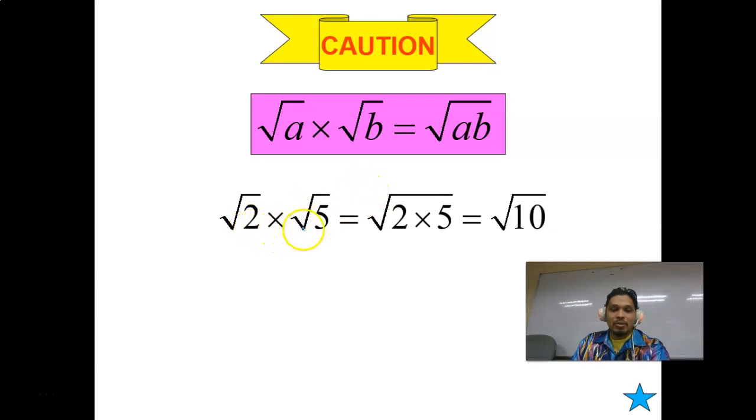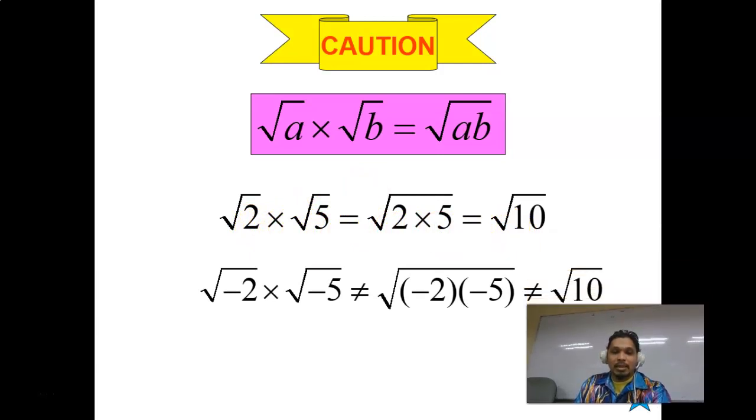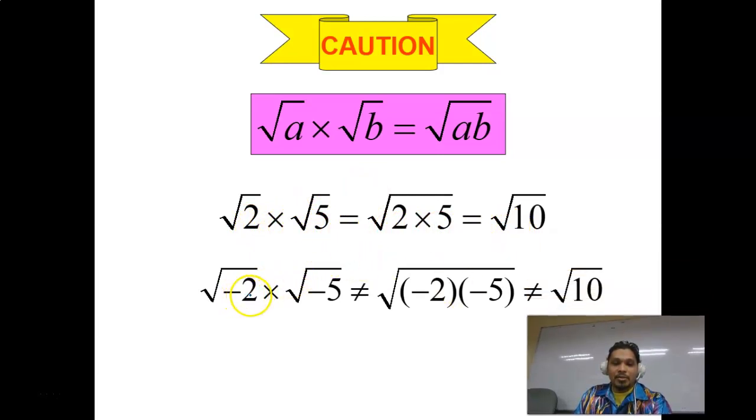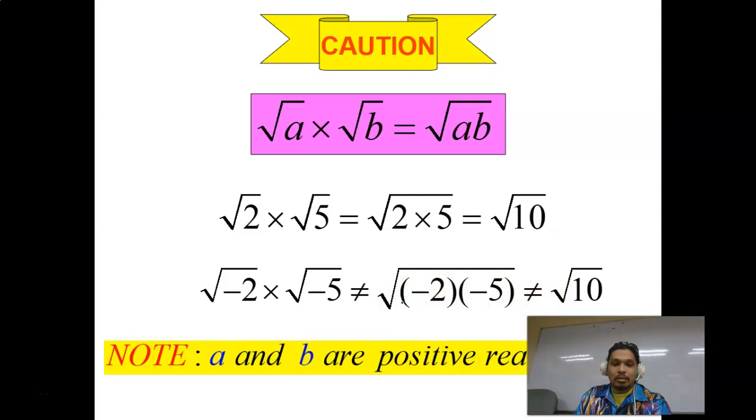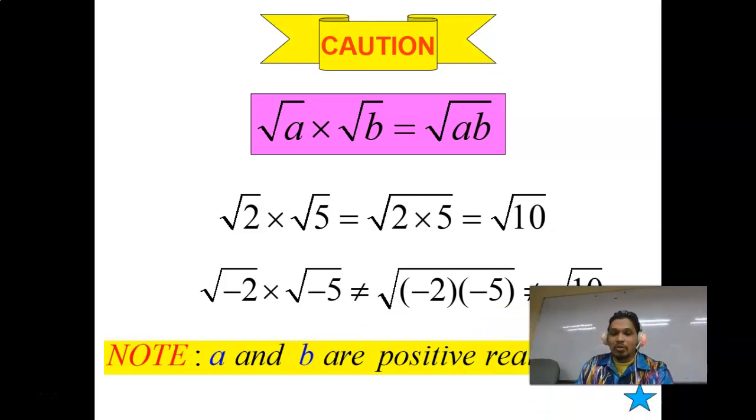Square root of 2 times square root of 5 is equal to square root of 10. But negative square root of 2 times square root of 5 is not equal to 10. So this is for positive real numbers only, not including negatives.